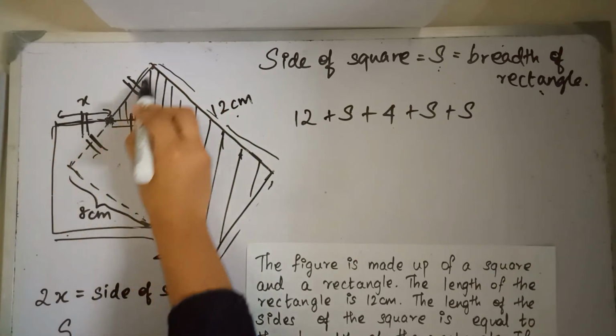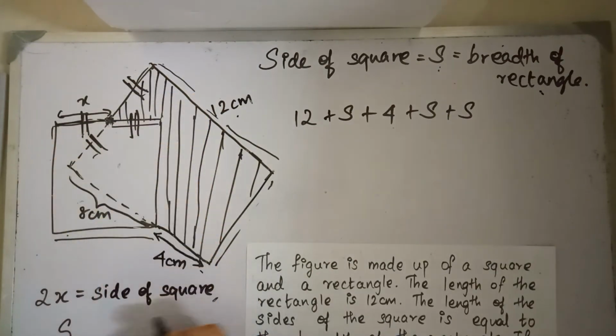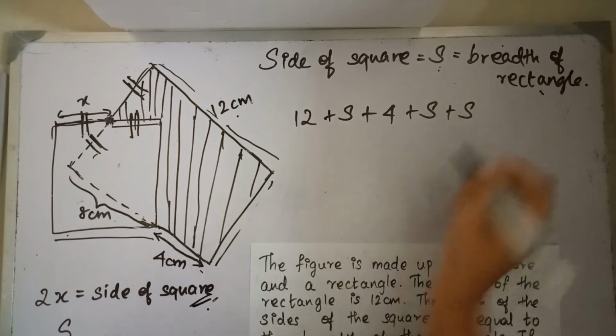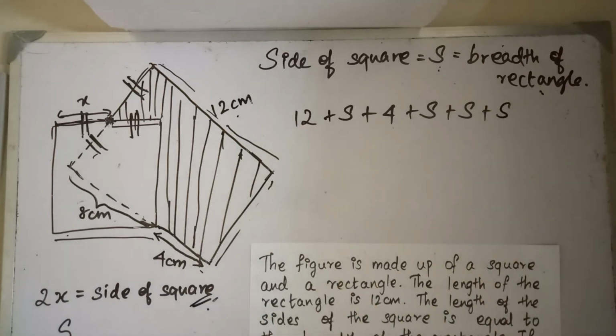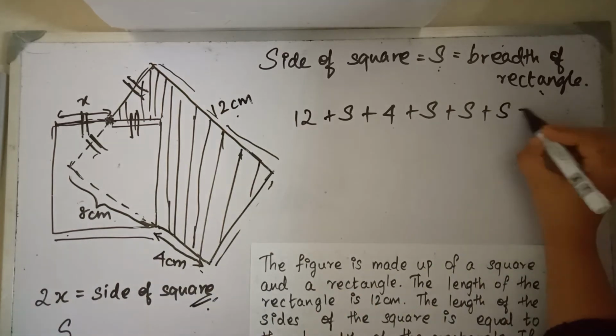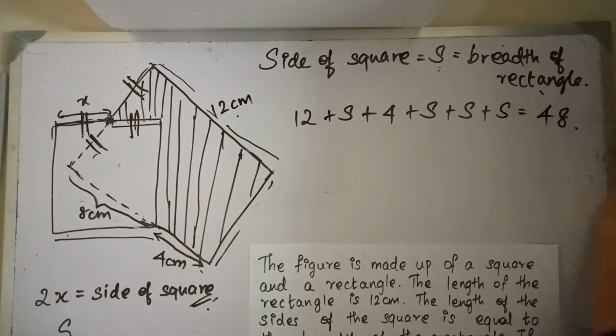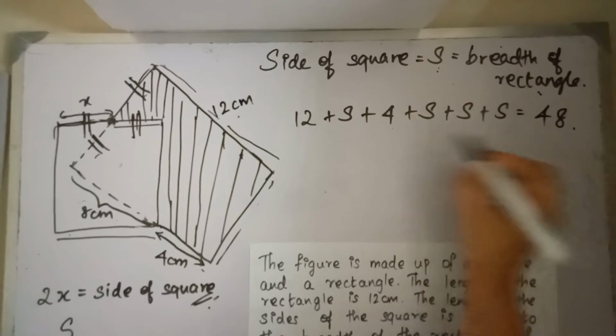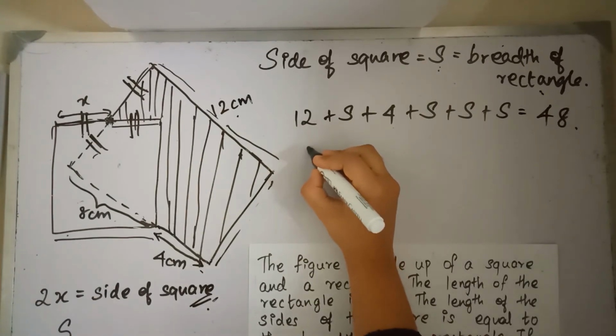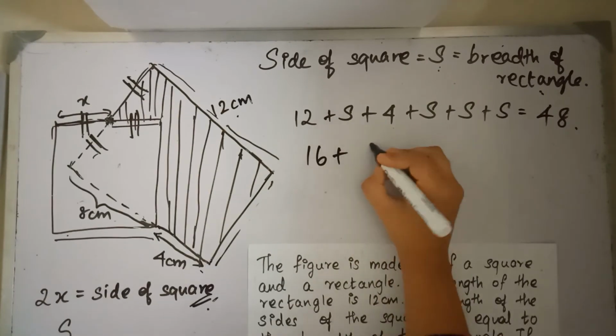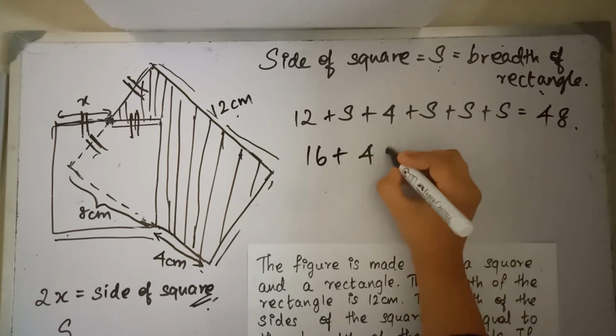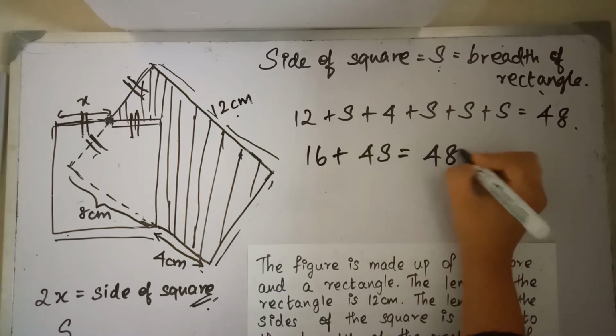This is x, 2 x's, which give the side of the square again. So another s. Now we have written the perimeter of the whole figure in terms of s and numbers. On simplifying this, we will get 16 plus 4s is equal to 48.